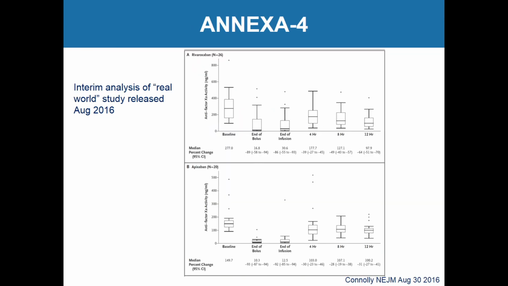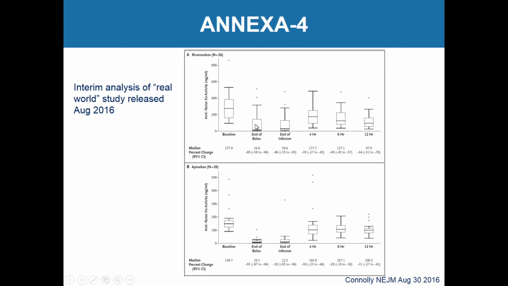The results of this study, as I mentioned, were published in August 2016. Again, a real-world study, and you can see, similar to the study in human volunteers, the anti-factor Xa activity with the baseline here for patients who took rivaroxaban or apixaban in the graph below, with the average activity level here prolonged above normal.